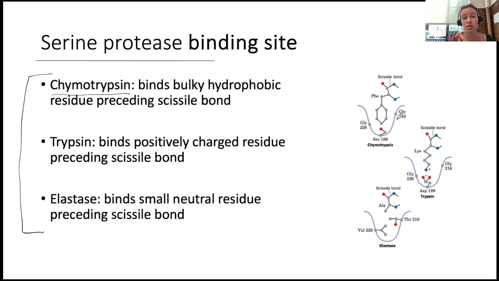You'll also see that the majority of amino acids pictured here are nonpolar, right? And so if we're binding a hydrophobic R group, we want the binding site to also be complementary, or nonpolar. Of course, serine is a polar residue, but if I were to show you what this binding site looks like three-dimensionally, you would see that the vast majority of amino acids that comprise the binding site are nonpolar.